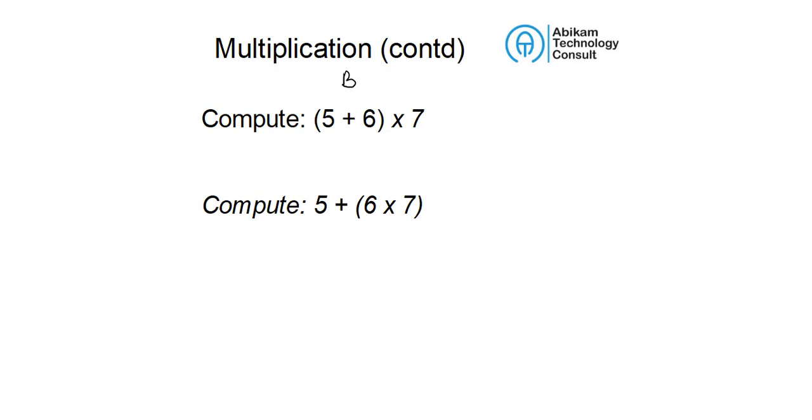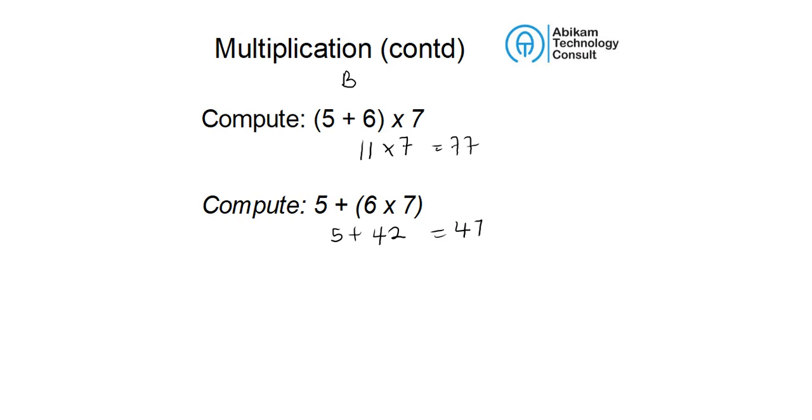So when you apply BODMAS, we have 5 plus 6 is 11 multiplied by 7, which is 77. So can we apply it here? 5 plus, the first thing we are going to deal with is the one in the parentheses. 6 times 7 is 42. So when you add them together, that is 47. You can see 47 is not equal to 77.